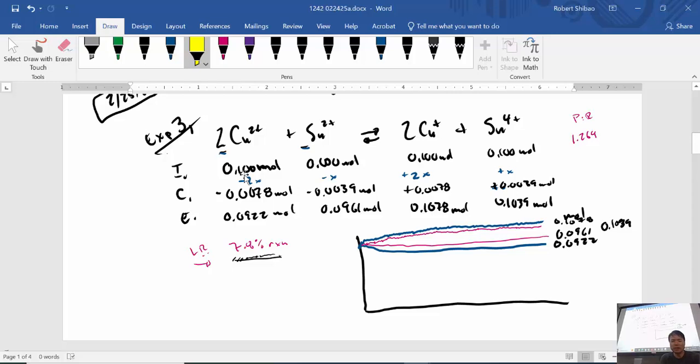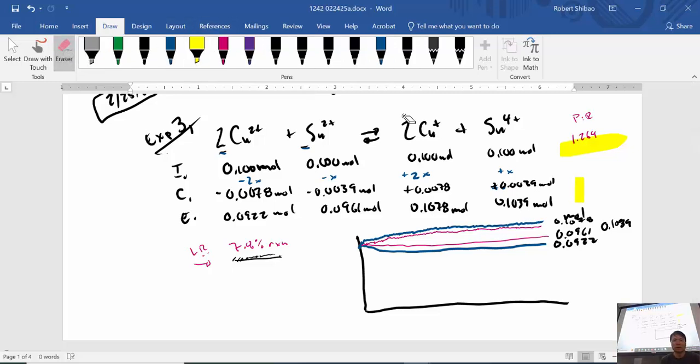I'm just going to do this. 0.1078 squared times 0.1039 divided by 0.0922 squared divided by 0.0961. And the ratio comes out to not 40. What did you predict? 42.